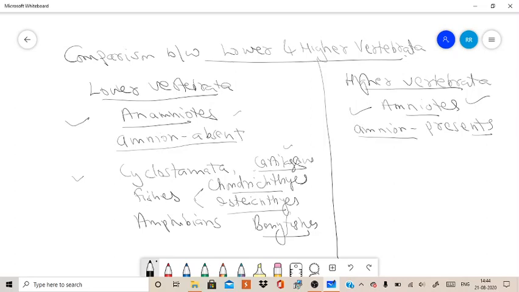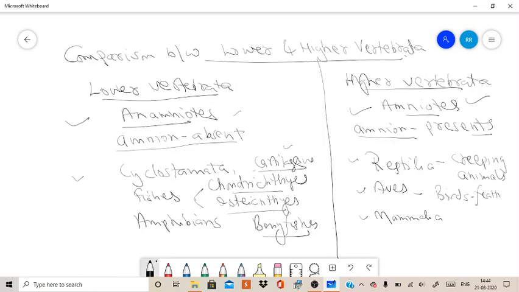Whereas in higher vertebrata, the remaining classes of chordata such as reptilia, aves, and mammalia are included. Reptilia includes creeping animals, whereas aves include all the birds with feathers, and the feather is an important character of birds.